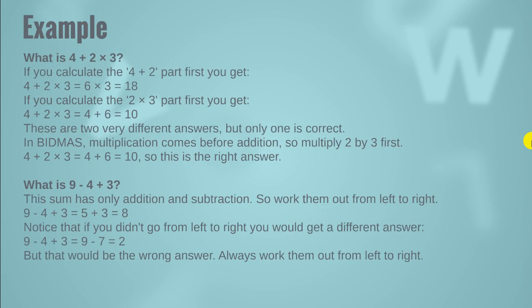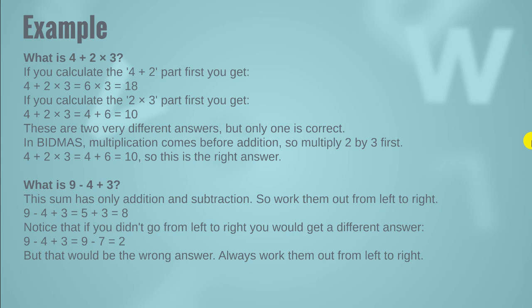So here we have an example. Now you will be able to understand it clearly. We have an example: 4 plus 2 multiplied by 3. Here you can see that we have 4 plus 2, and then a sign of multiplication, then 3. You must be imagining that you first add 4 and 2, you get 6, and then you multiply the 6 with 3, and you get 18.